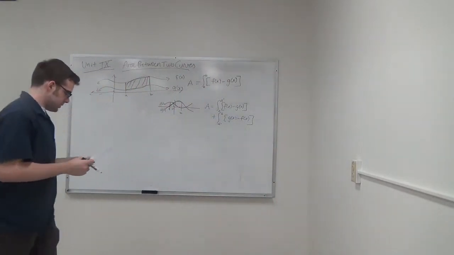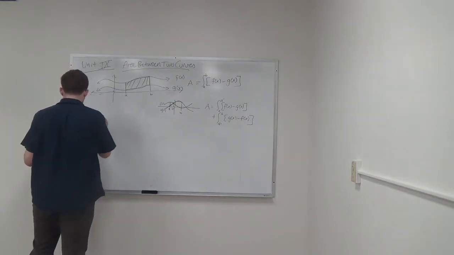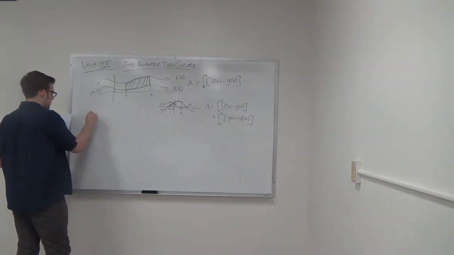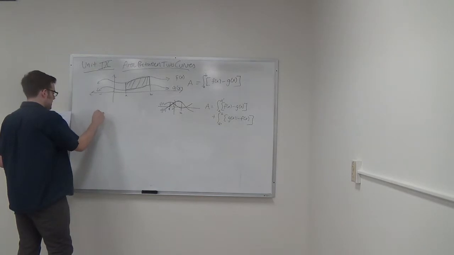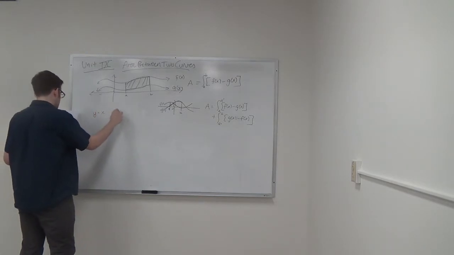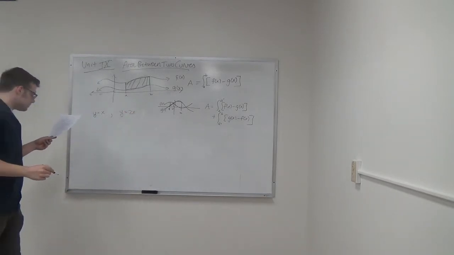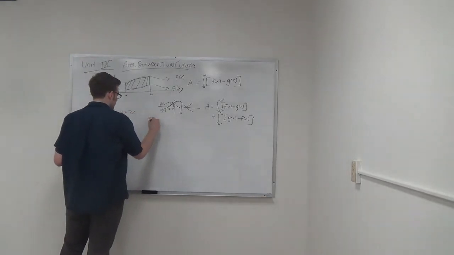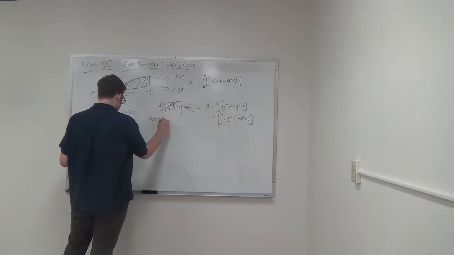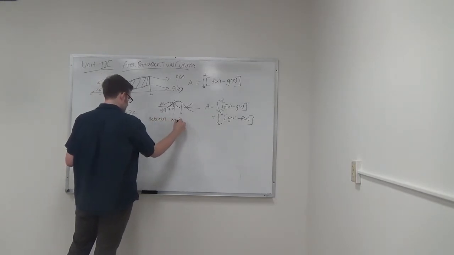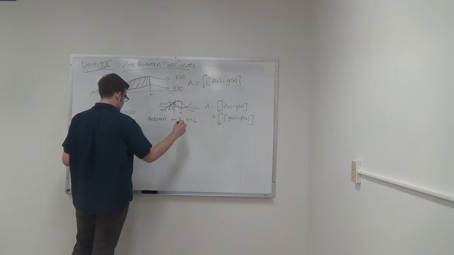Our first example is a very simple one. So we need to find the area between y is equal to x and y is equal to 2x between x equals 3 and x is equal to 6.